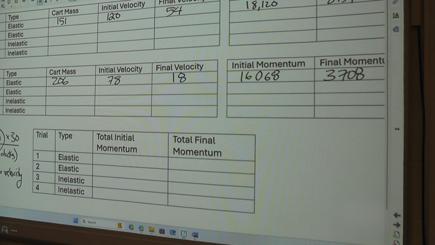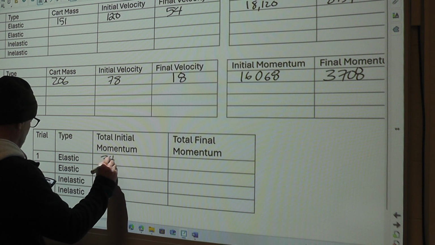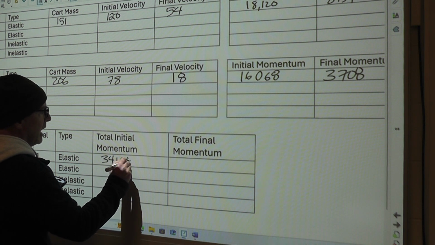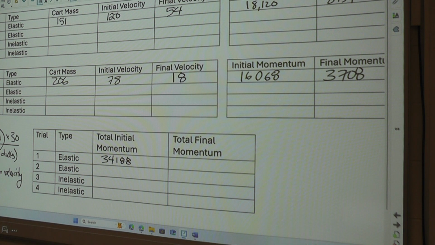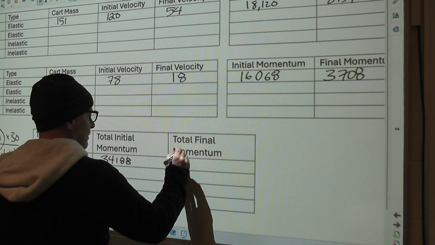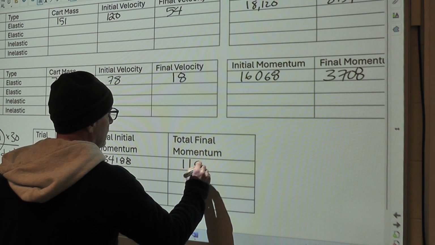So before the collision, it looks like 18,120 plus 16,068. I get 34,188. For those of you who like to think about units, this would be gram centimeters per second, but you don't have to write that down. And then after the collision, it's 8,154 plus 3,708. And I get 11,862.